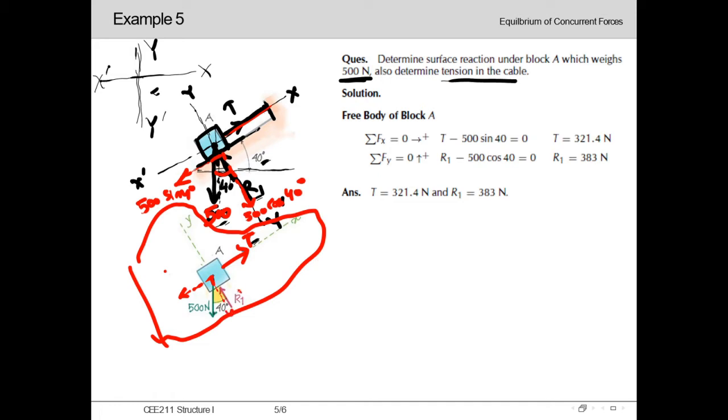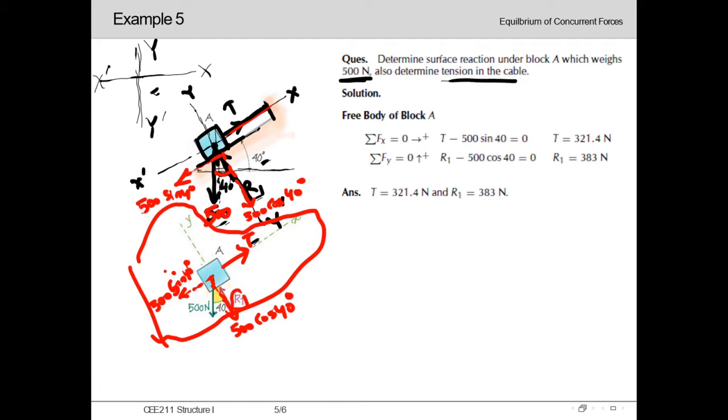And here is our surface reaction R1. Now writing the values of components, 500 sin 40, and 500 cos 40.